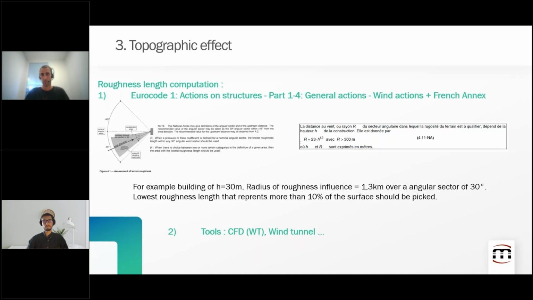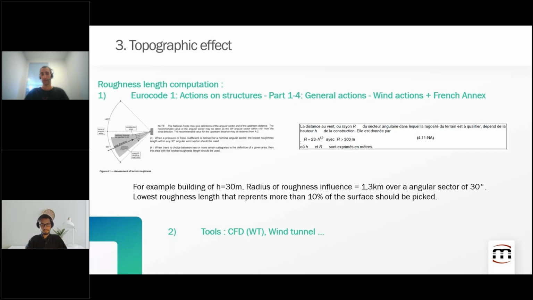This is the rule on the right side. We have the height of our building, let's say 30 meters high. What will be the influence around my building? How far do I need to take into consideration my land occupation? We have the answer with the Eurocode.